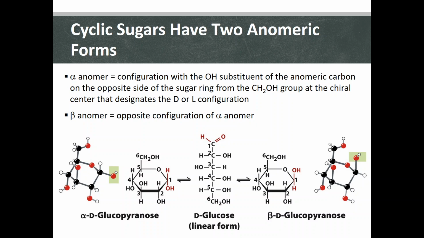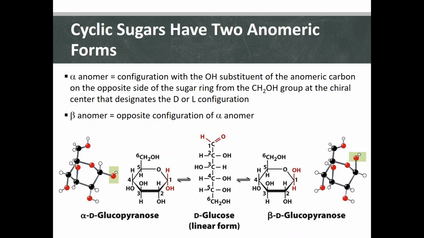Eventually, from these very different starting points, remember, one pure alpha D-glucose and the other pure beta D-glucose, because this is a reversible equilibrium, if allowed to incubate long enough, they will reach the same point. They will form an identical equilibrium.